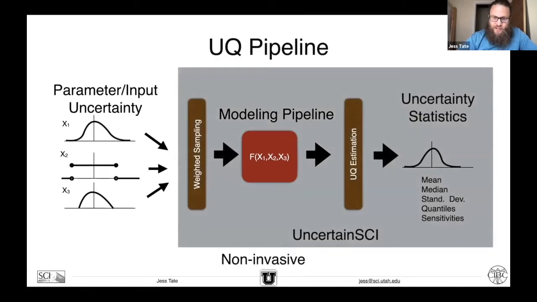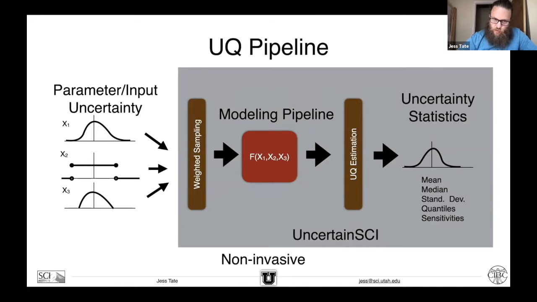What UncertainSCI does is it interfaces with your modeling pipeline in a non-invasive way, as we discussed earlier, to be able to take these input distributions and provide output distributions.